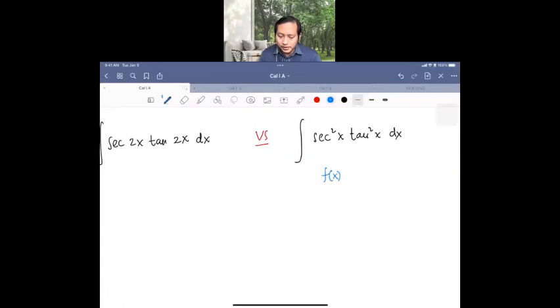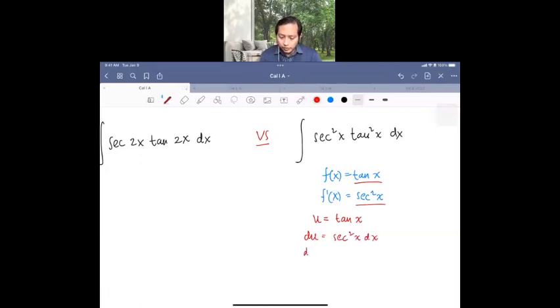You can think, if you have f of x is tangent, you will have f prime is secant squared, right? So from these connections for tangent and secant squared, we can make some substitutions and then cancel, right? If we take the substitution as u equals tangent x, then we can cancel the secant squared.